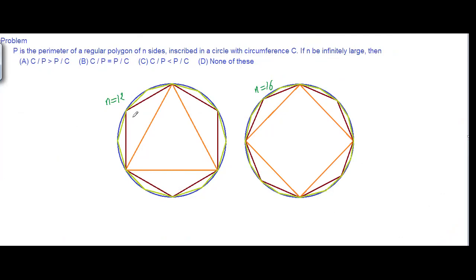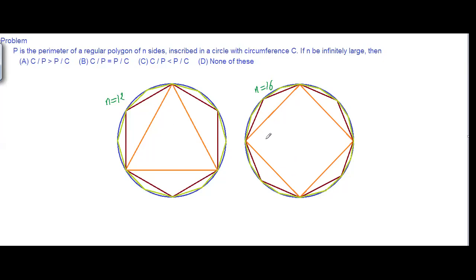Then we doubled the number, we got a 12-sided regular polygon. So here the biggest possible regular polygon which has been drawn in the left side figure is 12-sided.